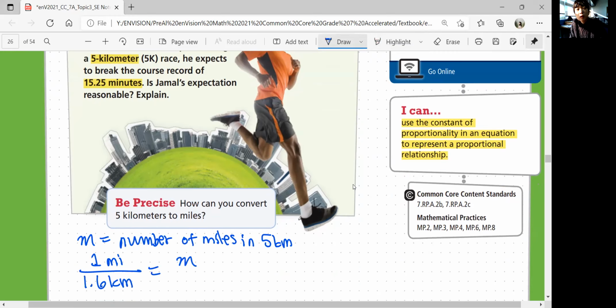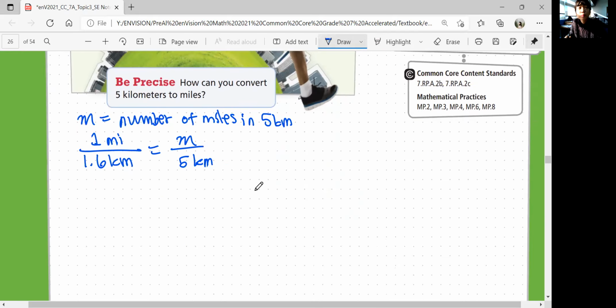So using the same rate, we're going to convert that to m miles for 5 kilometers. Those should be equivalent ratios, correct? In order to solve for m, you multiply 5 on both sides.